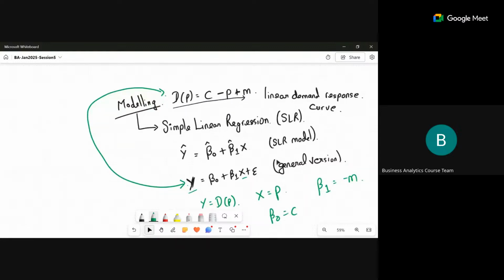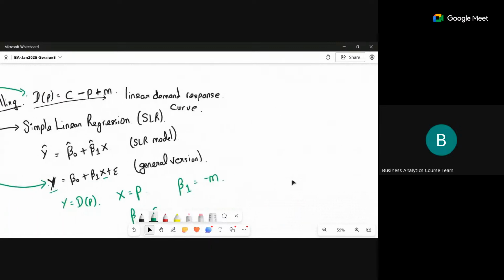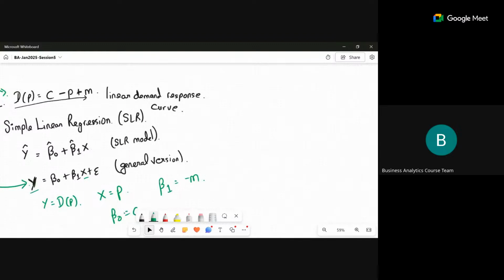Now the main question comes: how do you find beta 0 and beta 1? For SLR, do you know what the best value is?